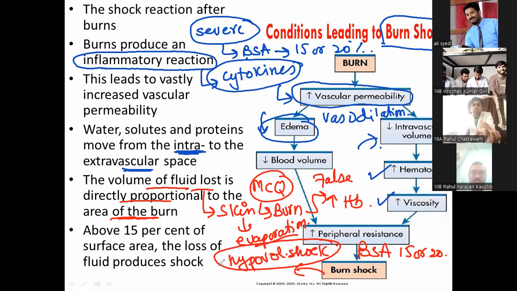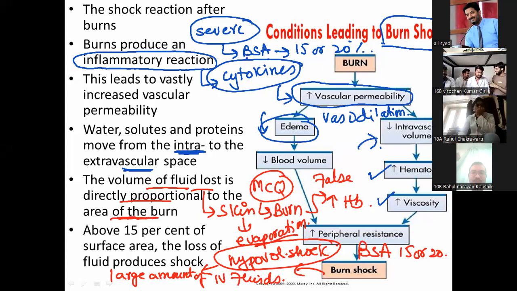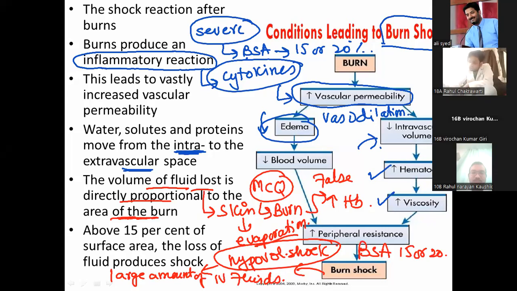So please remember, in early stages of a burn patient, if the burn surface area is 15 or more than 15 or 20%, I must give the patient a large amount of IV fluids so that the patient cannot develop hypovolemic shock.